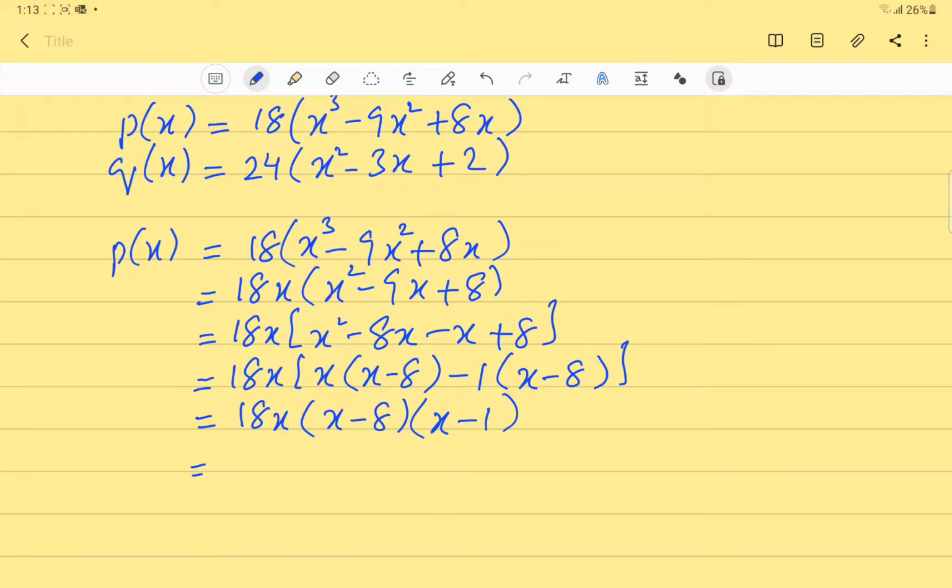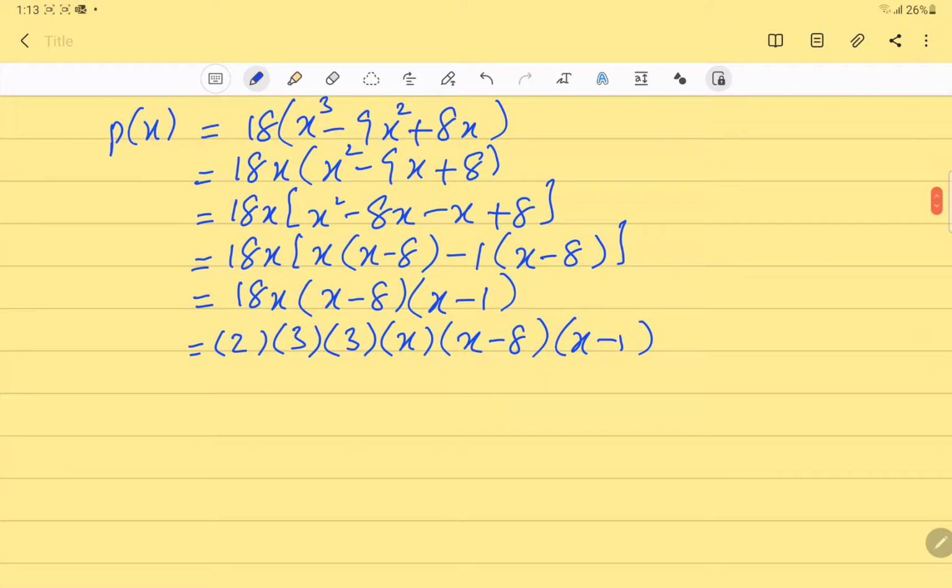What will be the factors of 18? It will be 2 multiplied by 3 multiplied by 3. So that will be the factors of 18. Okay, this is our first expression.